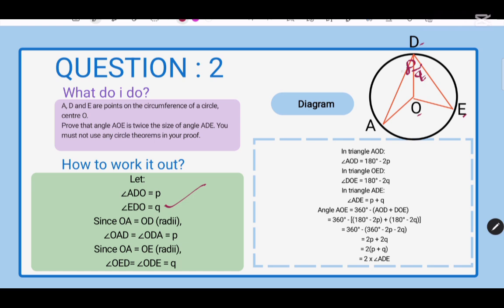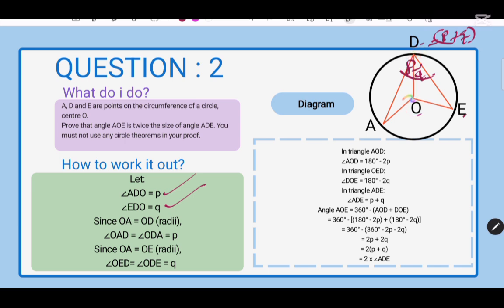So it's like saying the whole angle at D equals p plus q. That settles the matter. That is just an assumption, and we have finished this step. Now, since OA is equal to OD, let's look at OA. O to A is a radius, and is also equal to O to D, also a radius, because from the center to the circumference is equal to what?